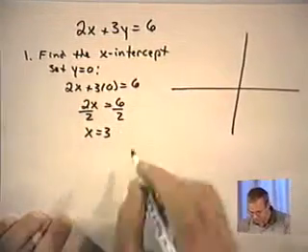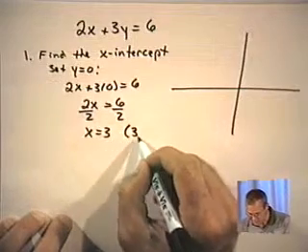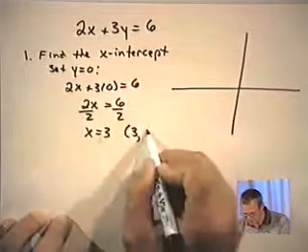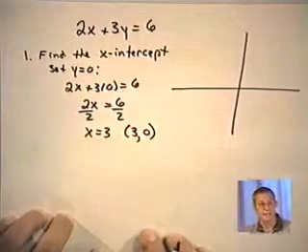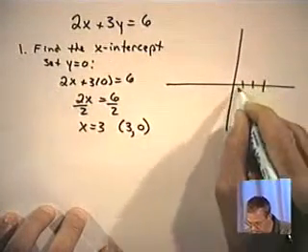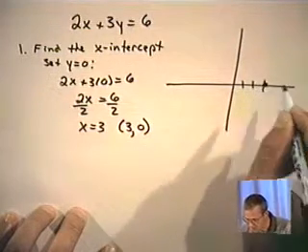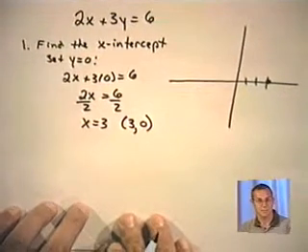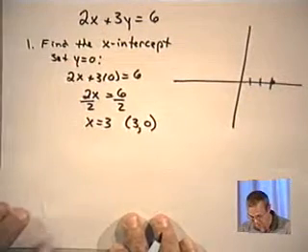So that means the ordered pair (3, 0), because 3 is the x value, is my x-intercept. So I'll go ahead and plot that. Over 3, up 0. And there's the x-intercept. Now we'll find the y-intercept.